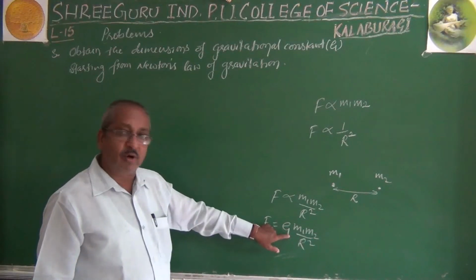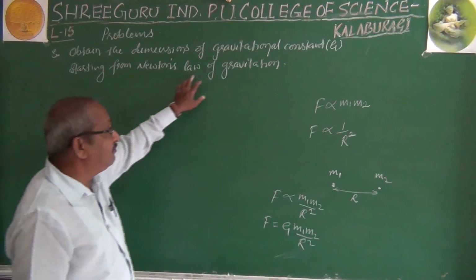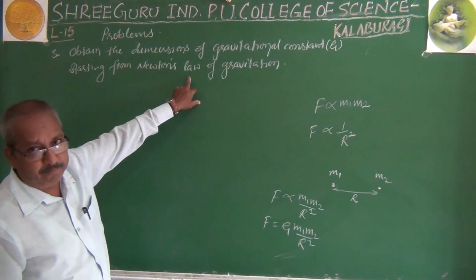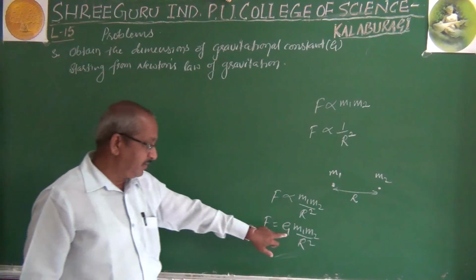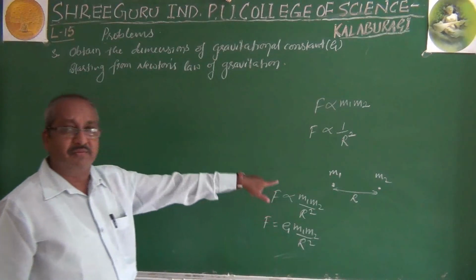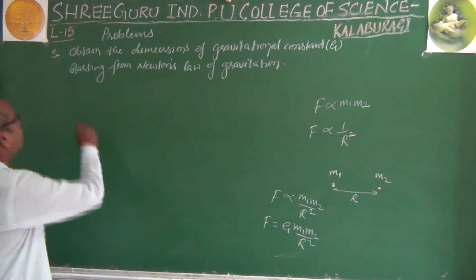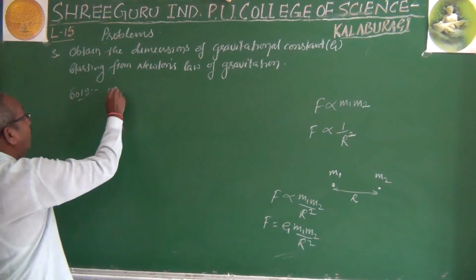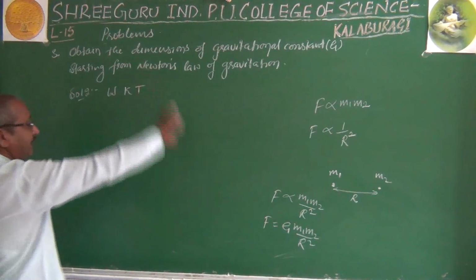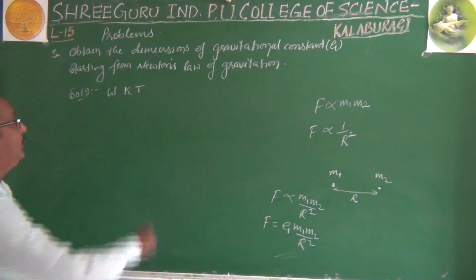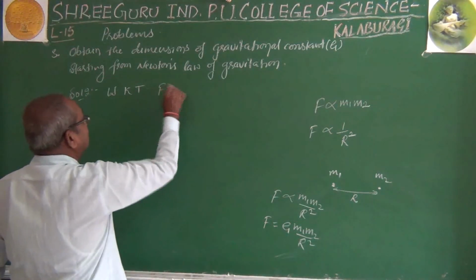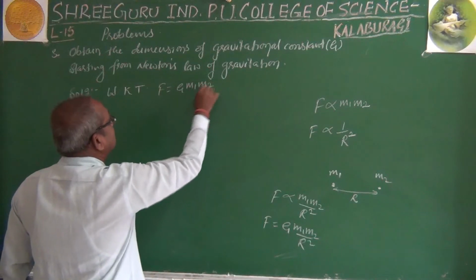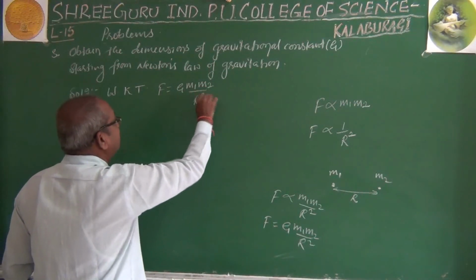And for this dimensional constant G, we have to find the dimensional formula. So here, the solution: we know that F is equal to G m1 m2 divided by r square.